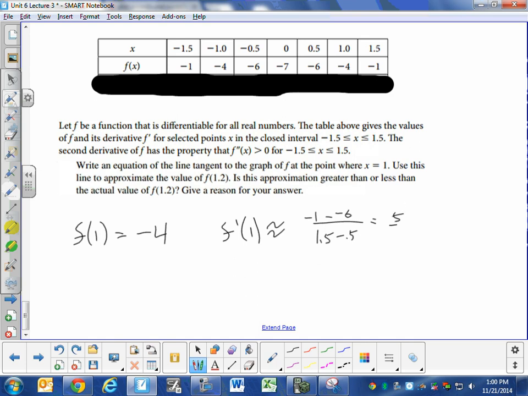This is 5 over 1, that's 5. So y plus 4 equals my approximate slope 5, x minus 1. And then I approximate 1.2.